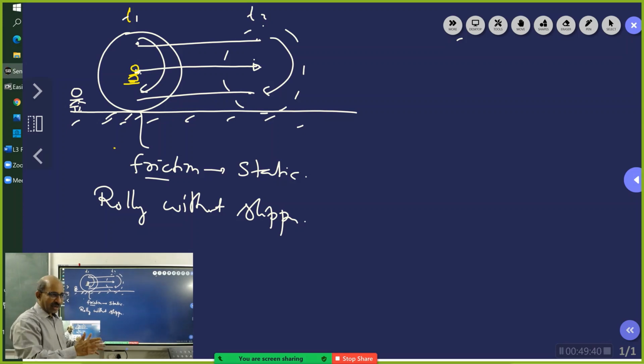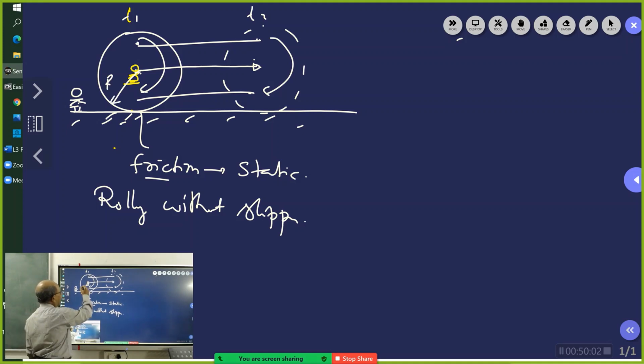Now if the car is smoothly going, then we say the car is moving without slipping. If I say this wheel is rolling without slipping, what mathematical condition will prove it?